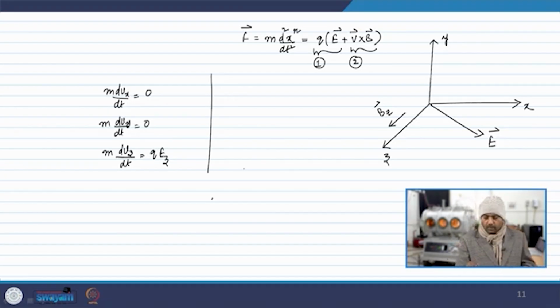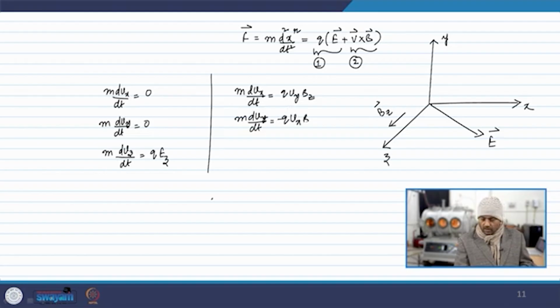Okay. Now, similarly, when we have only the magnetic field, we can write m dvx by dt is q vy Bz, m dvy by dt is minus q vx Bz, and m dvz by dt will be 0.